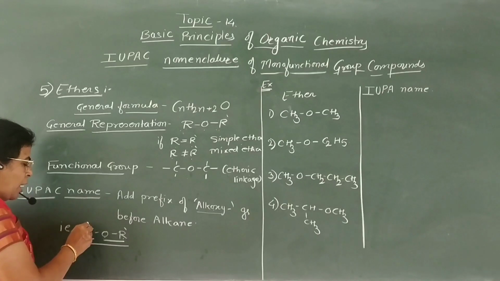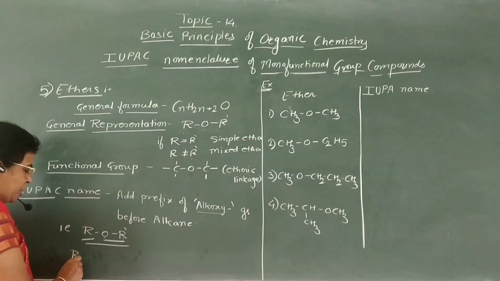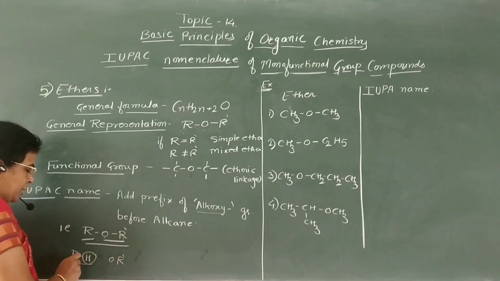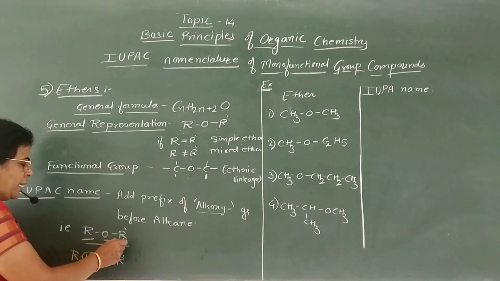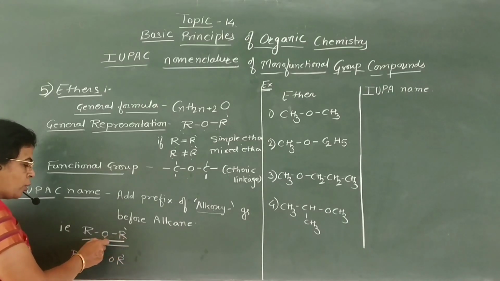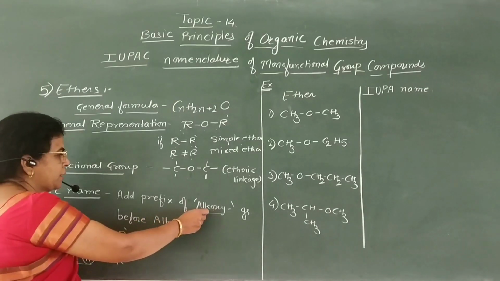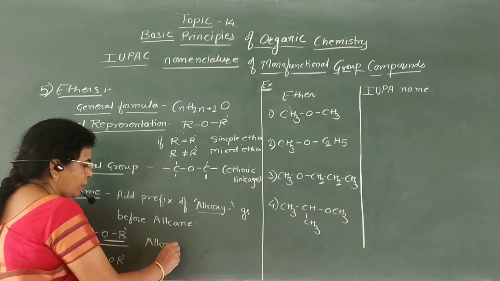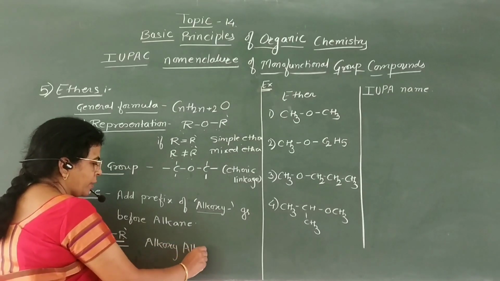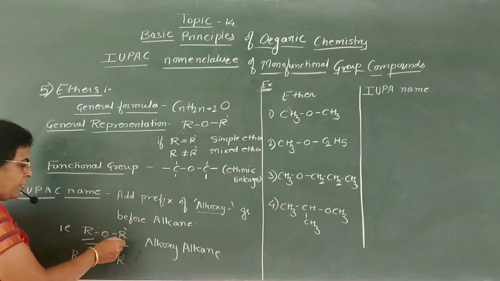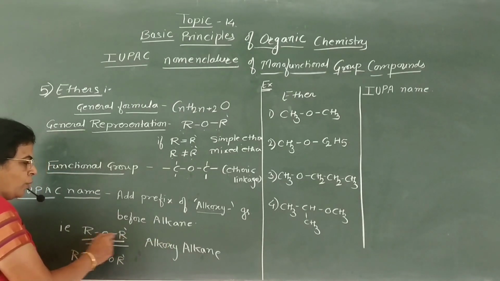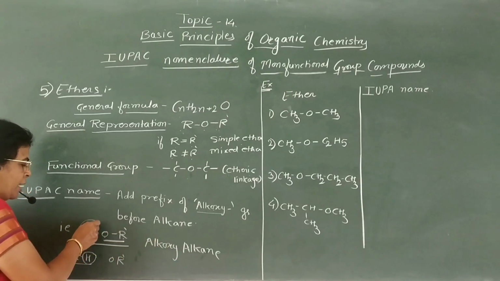Therefore one hydrogen atom of the alkane RH is replaced by OR'. That is the alkoxy group. Therefore the name of this ether is alkoxyalkane. First write the prefix of the alkoxy group, RO, and then write the name of the alkane.